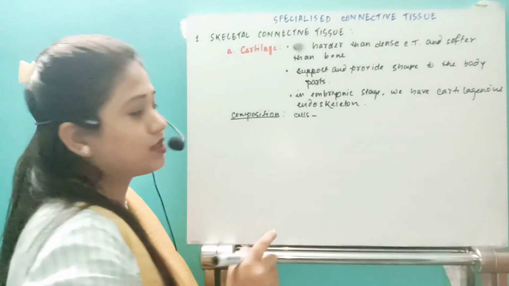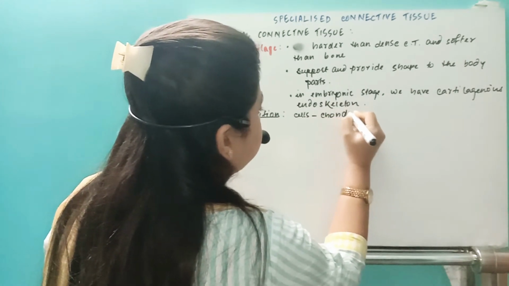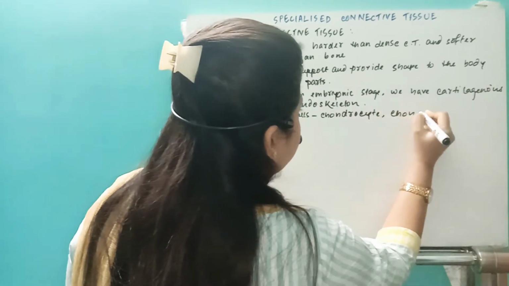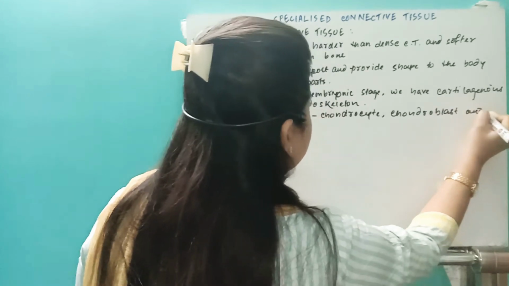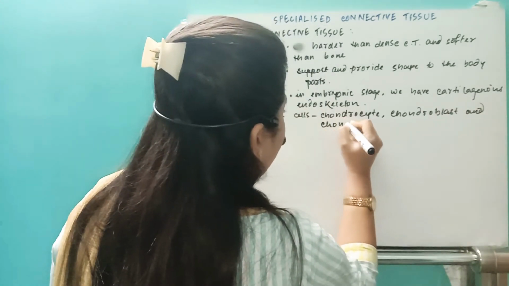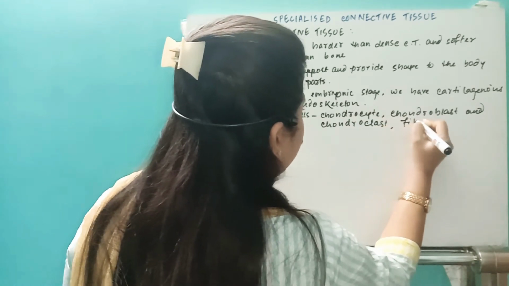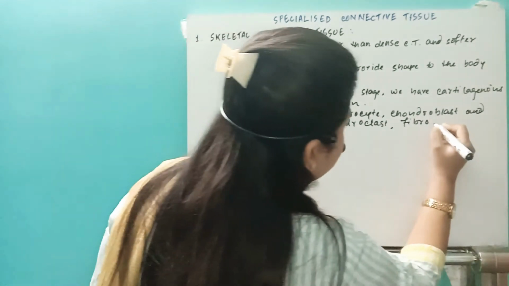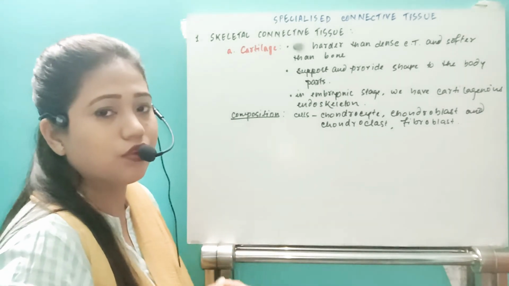Here you can see there are the cells like chondrocyte, chondroblast and chondroclast. Along with that, we also have the fiber producing cell, that is known as fibroblast, right? First of all, let us write, and after that I will tell you the function of each cell.